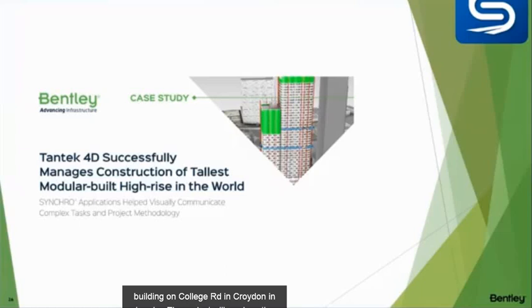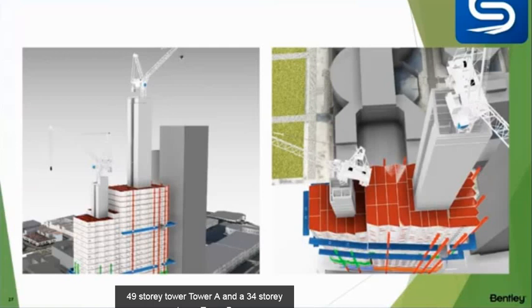The project will produce the tallest modular built high-rise in the world with 2 towers, a 49-story tower, Tower A, and a 34-story tower, Tower B. To ensure successful project delivery, Tantec 4D wanted to simulate the construction of the high-rise to test not only the robustness of the developed schedule, but also the completeness of the 3D models. They wanted to clearly demonstrate the construction sequencing of the 2,000 modular units being installed on both towers.